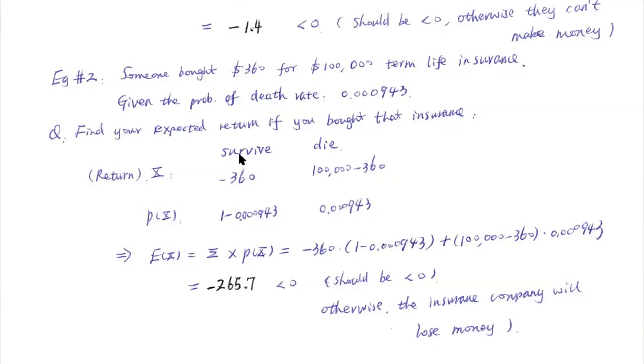How do we calculate the probability of surviving? It's 1 minus that, like 99.991, something like that, right? It's pretty high. Now, based on that, everybody, we have X, we have the corresponding probability of X. What do we call this table? We call this probability distribution table, right?